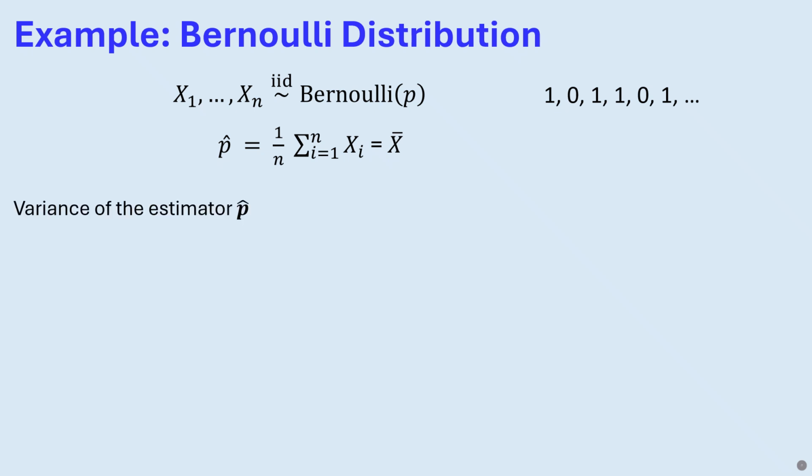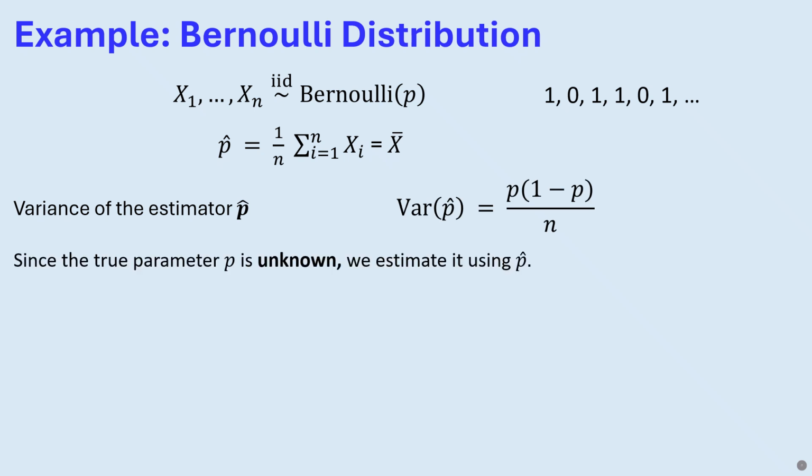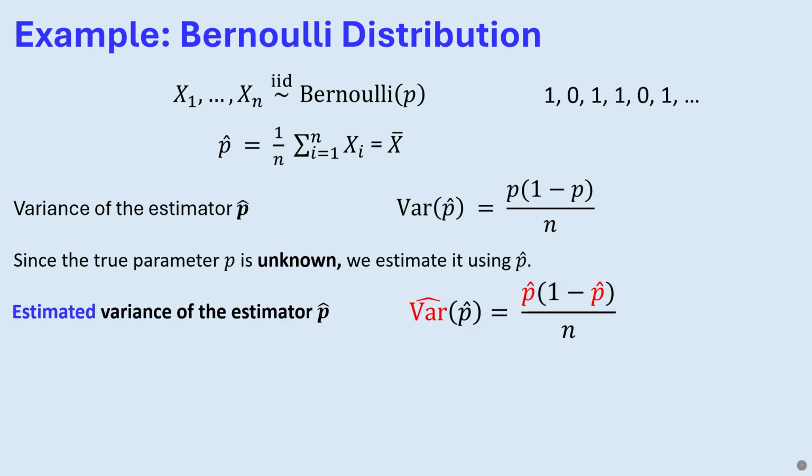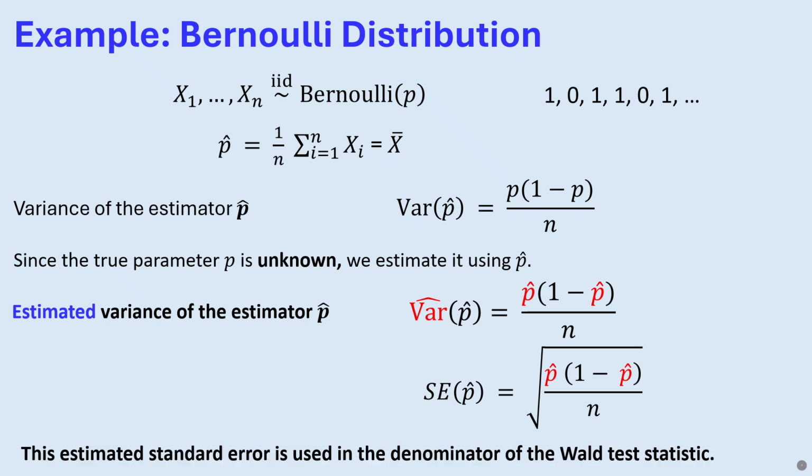The variance of this estimator depends on the true parameter p. However, because the true value of p is unknown, we cannot calculate this variance directly. Instead, we replace p with its estimate, p hat, to obtain an estimated variance. Taking the square root of the estimated variance gives the estimated standard error of p hat. This estimated standard error appears in the denominator of the Wald statistic and is used to standardize the estimator.